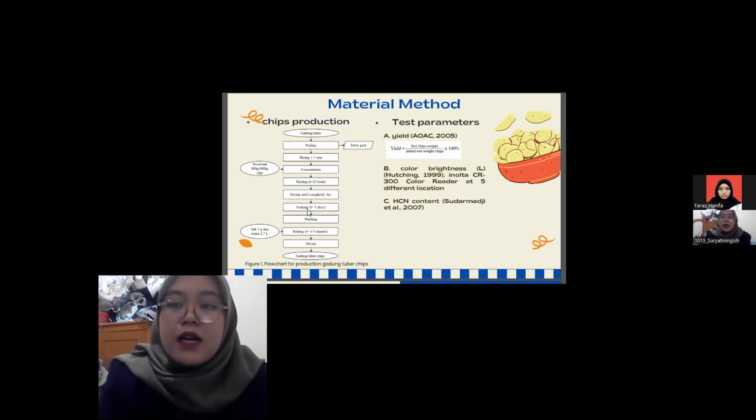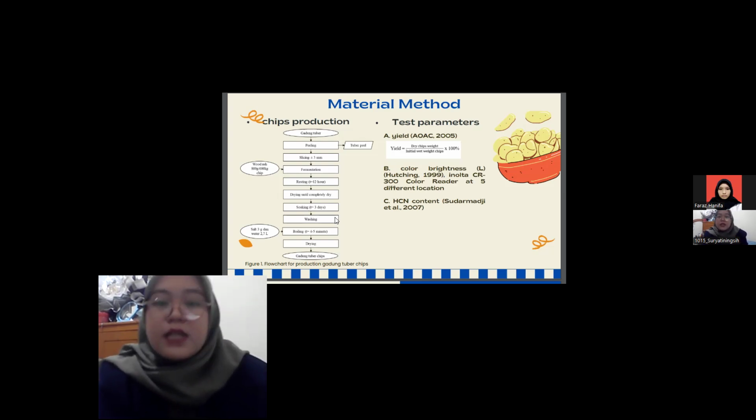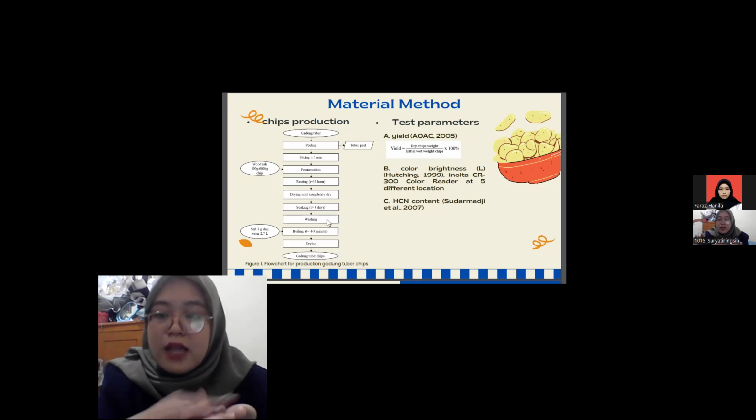To lower the HCN content in the chips further, they are then soaked in clean water based on the treatment time and water flow rates. The chips are cleaned with water after soaking in order to get rid of any dirt that could have stuck to them.